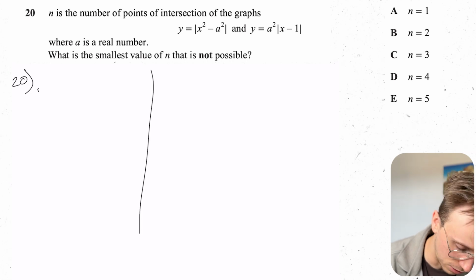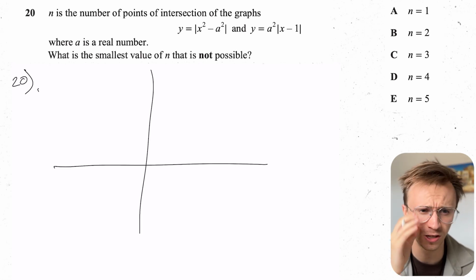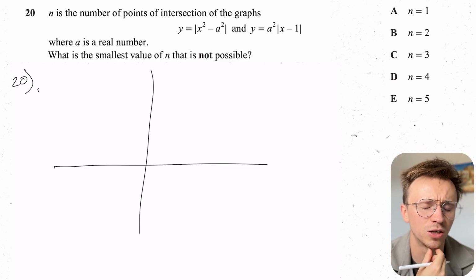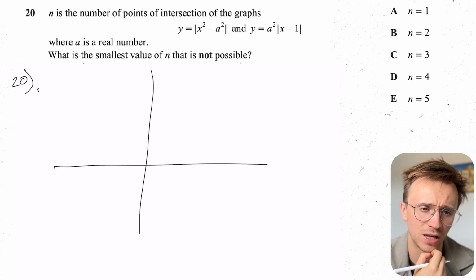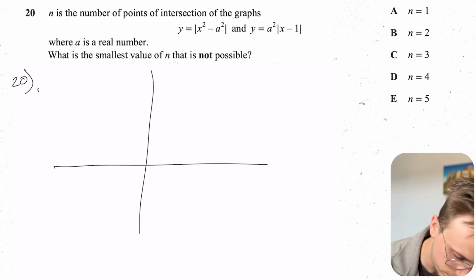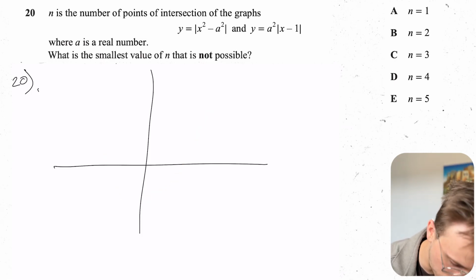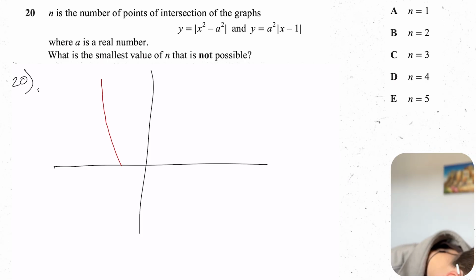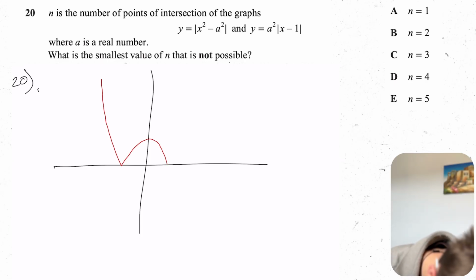So first off, again, draw it. With these number of intersections ones, it's always best to just draw it. So y equals modulus x squared minus a squared would look like this. We've got a modulus, so I assume it is positive. Doesn't really matter, does it? Looks like this.